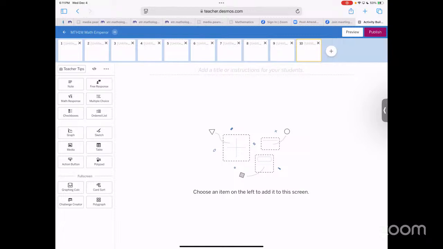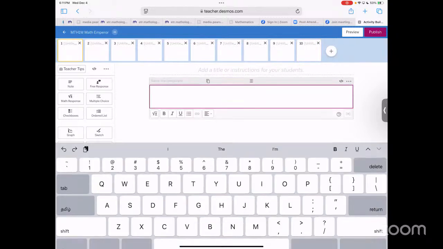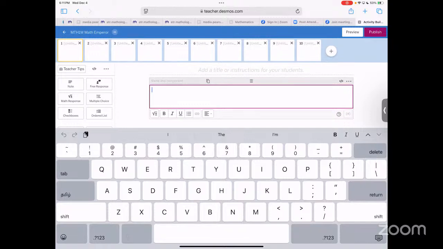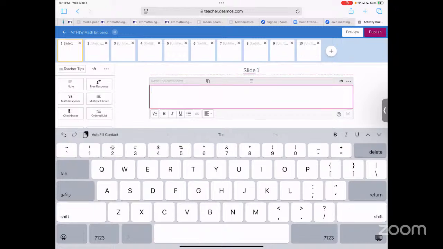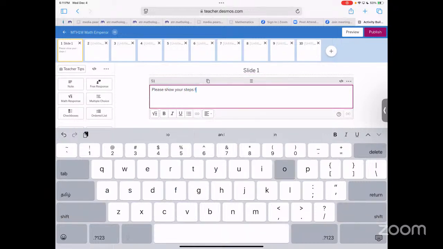So let's add 10 slides. And on the first slide, I'm just going to say note. I'm going to call it slide 1. Please show your steps and all questions in the space below.